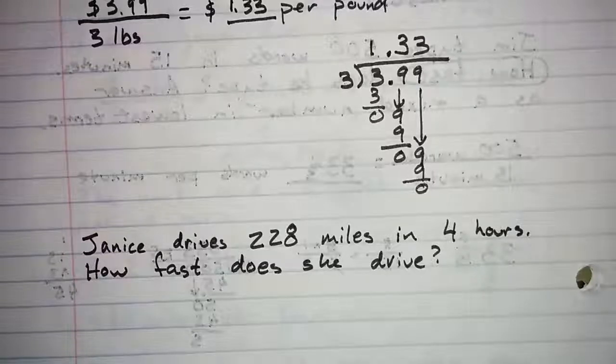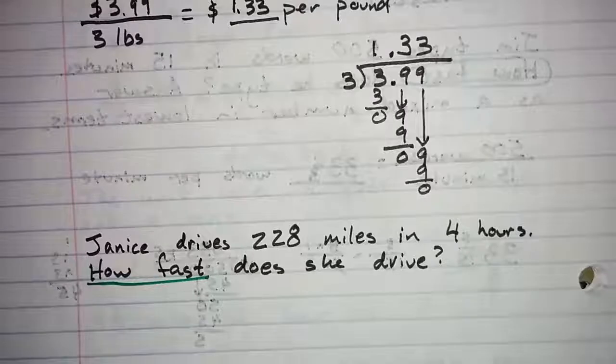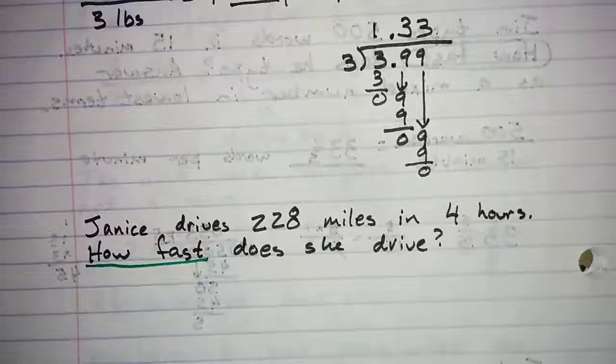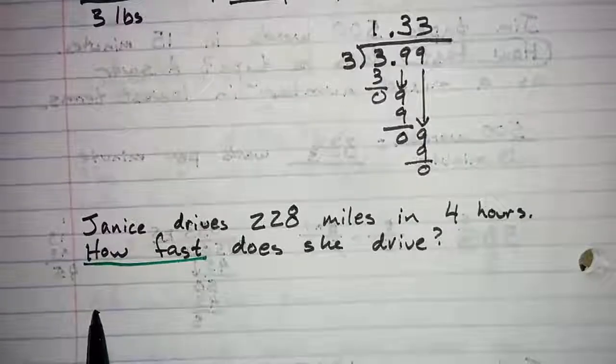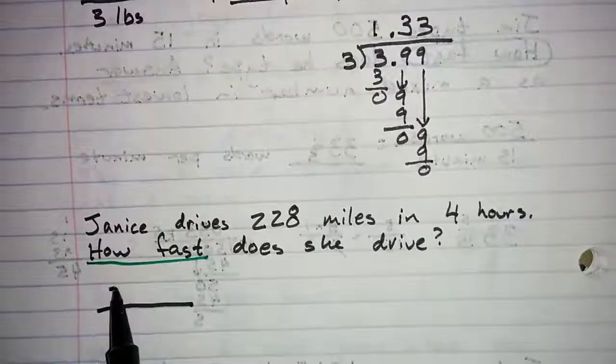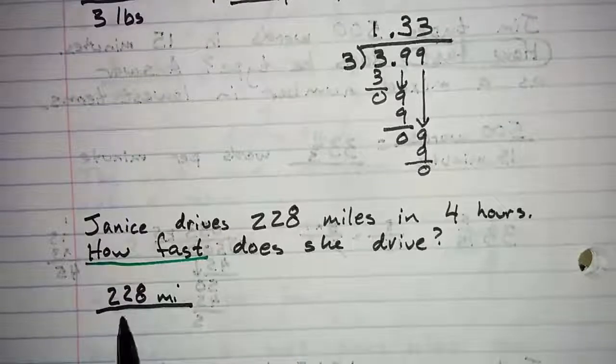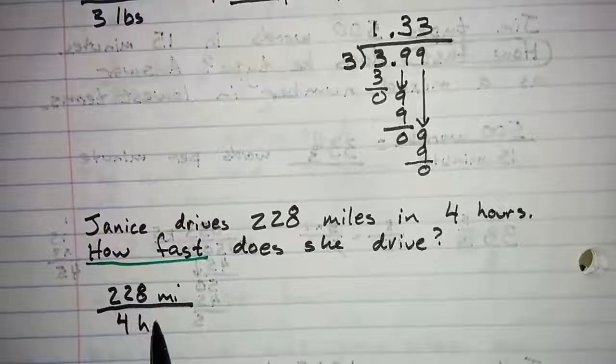What tells us that? Right, this phrase, how fast. And so we always want the time to be the second unit, no matter what order they're written in the problem. We'll have 228 miles in 4 hours.